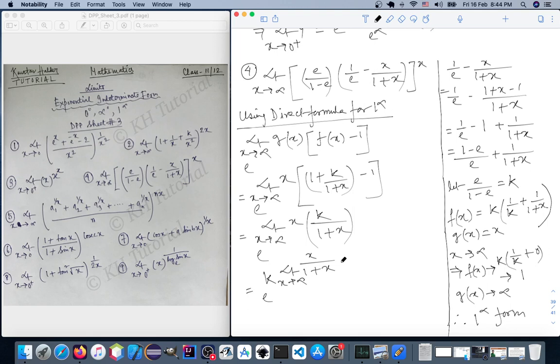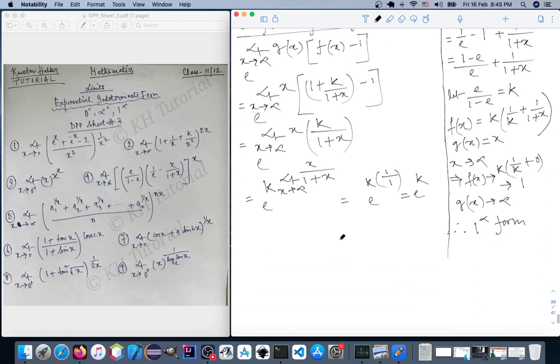So the limiting value of x by 1 plus x when x tends to infinity is 1 by 1. So this equals k, and the answer is e to the power k, where k is e by 1 minus e. This is the answer.